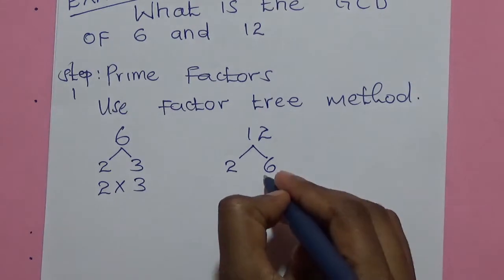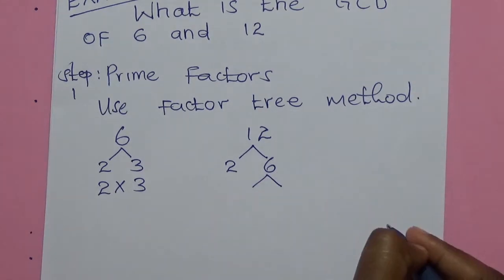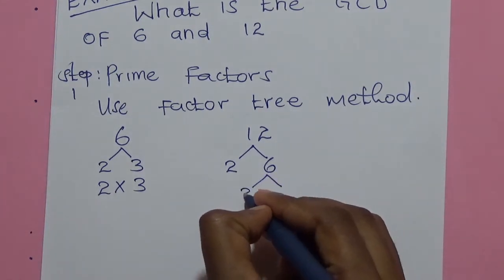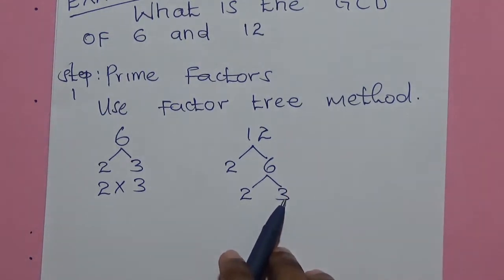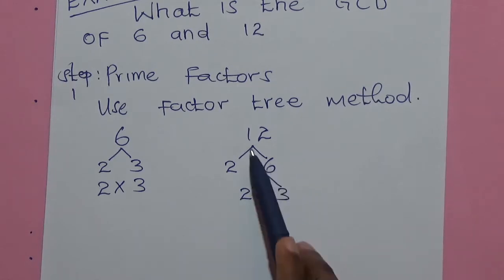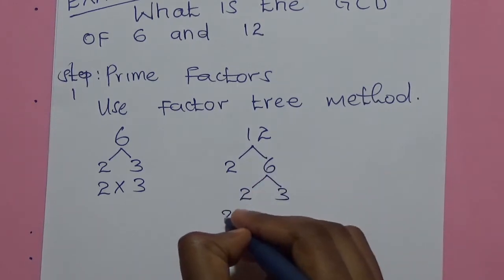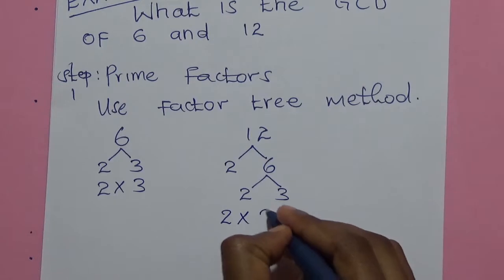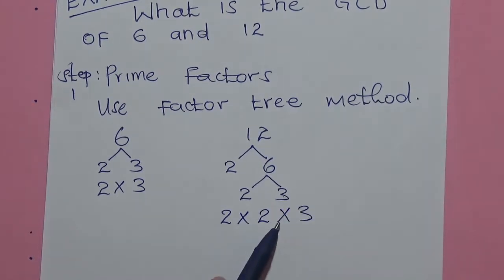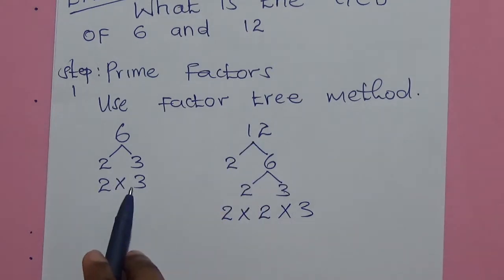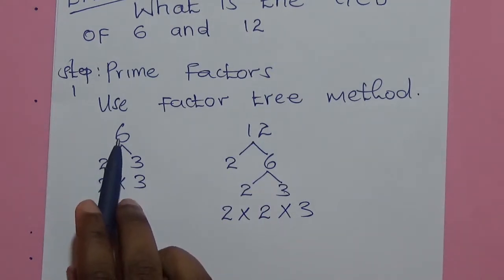Again, 6 can still be divided by 2. So 6 divided by 2, we get a 3. We cannot divide further. Therefore, the prime factors of 12 will be 2 times 2 times 3. So these are the prime factors of 12, and these are the prime factors of 6.